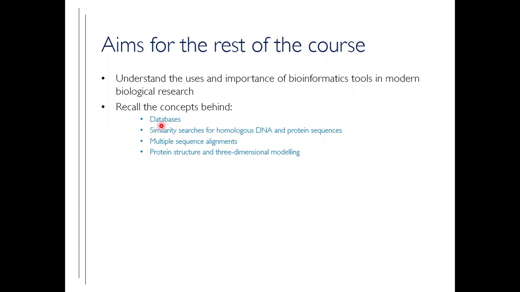So database searching, similarity searching for homologous sequences and proteins, and therefore inferring whether things are potentially homologs. To conduct multiple sequence alignments, which we saw today. Again, you'll be doing that and looking for differences, etc. And to model protein structure via three-dimensional modeling software, which again, you will also be doing.